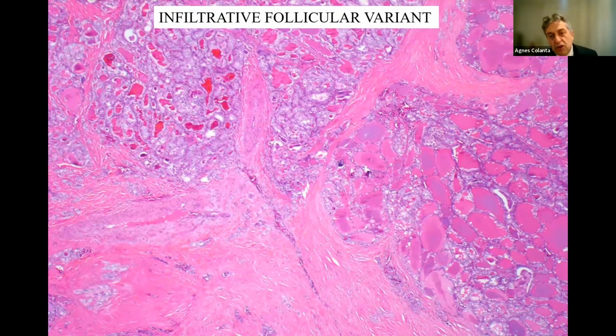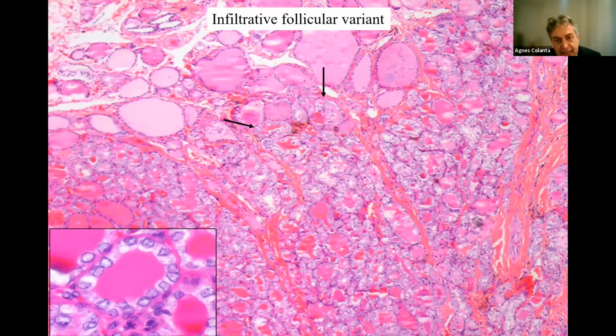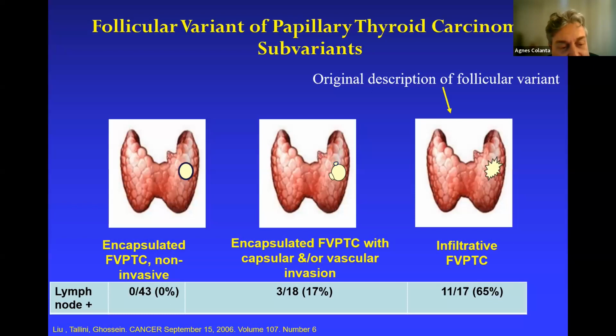These tumors lack a complete capsule as they infiltrate; you can see the neoplastic follicles infiltrating in between the non-neoplastic ones. When you look at the lymph node spread of this lesion, it's really shocking to see that the infiltrative follicular variant had 65% lymph node metastasis, basically like classical papillary carcinoma.